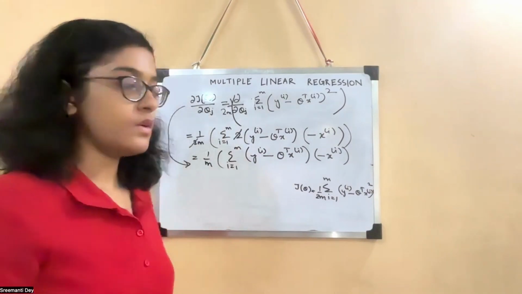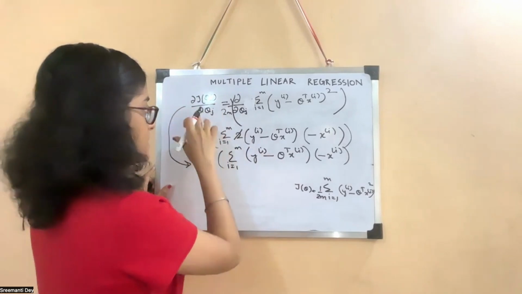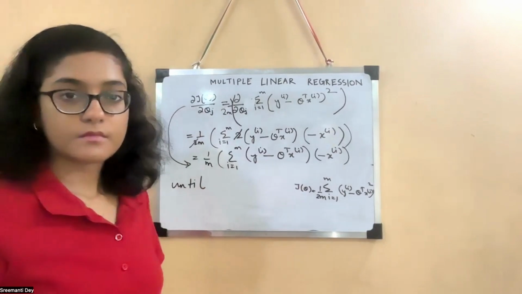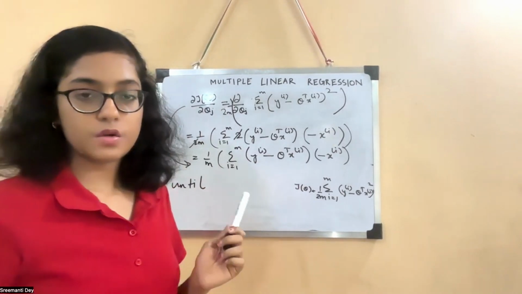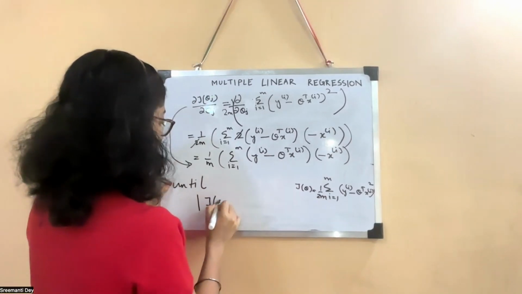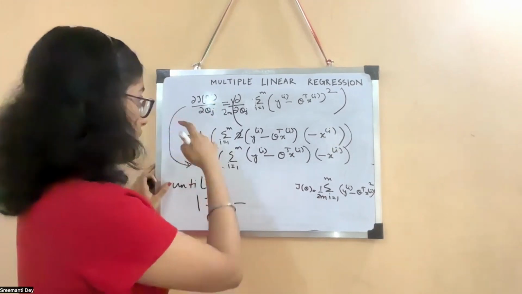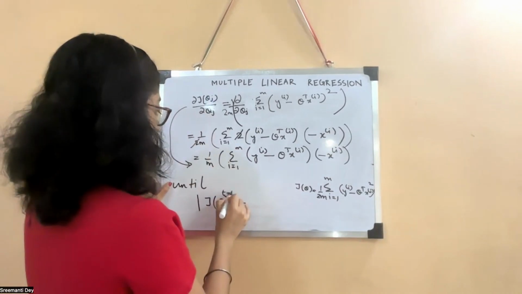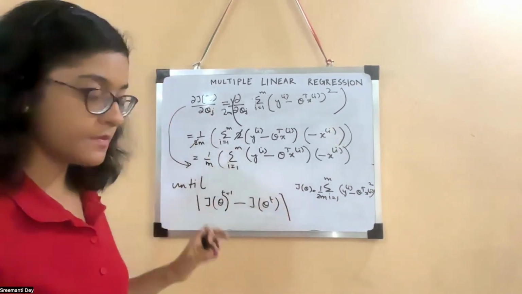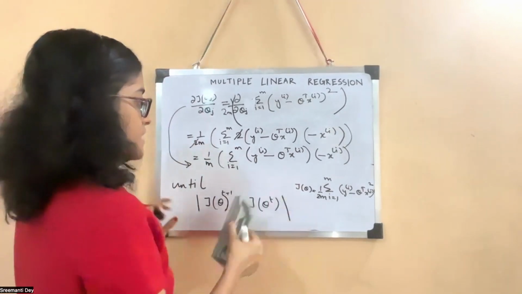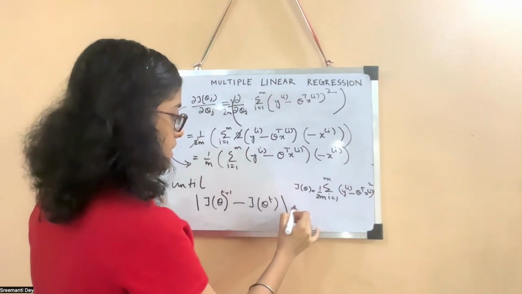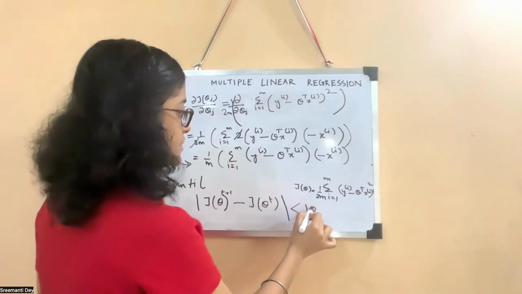And this has to continue until the absolute difference between J(theta t plus 1) and J(theta t) is less than 10 to the power minus 6.